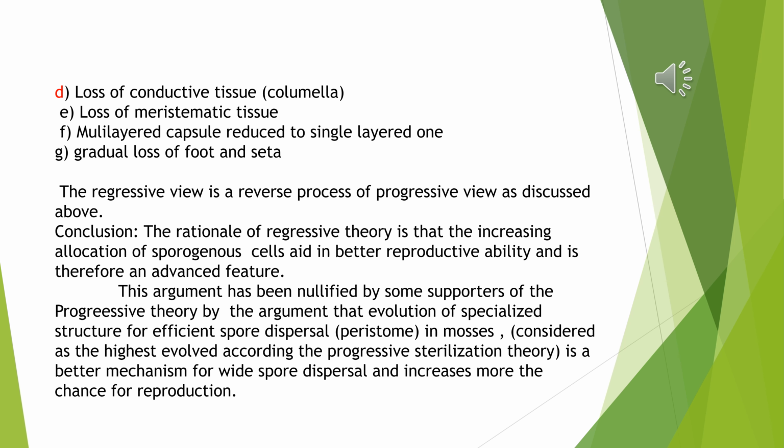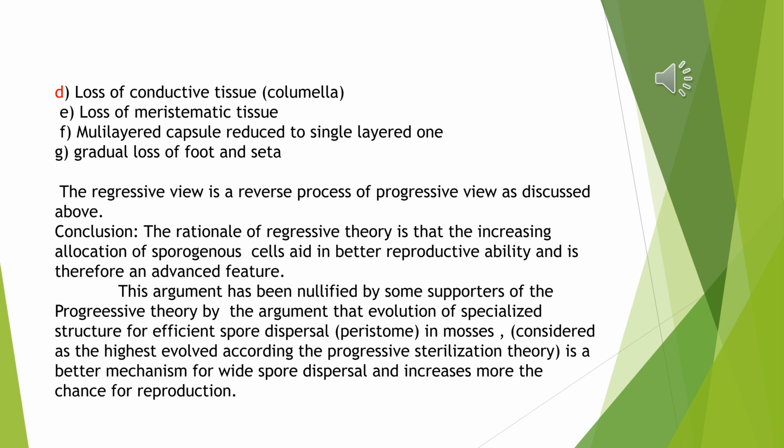Next, loss of conducting tissue, that is columella. Then, loss of meristematic tissue. Next point, multi-layered capsule reduced to a single-layered one. Next, gradual loss of foot and seta. The regressive view is a reverse process of progressive view as discussed above.